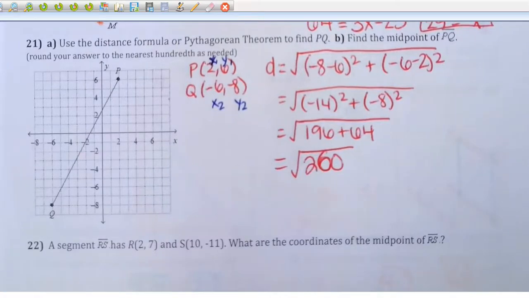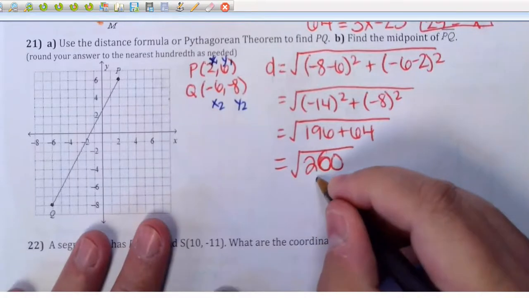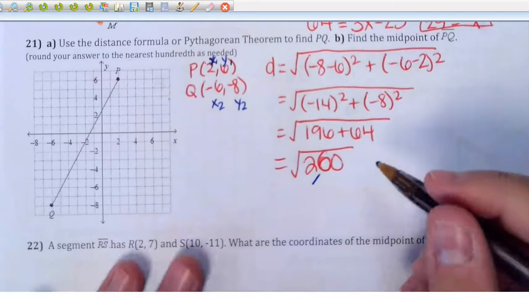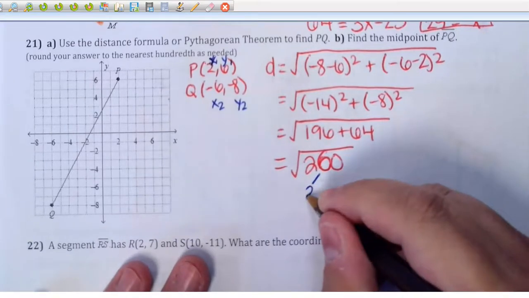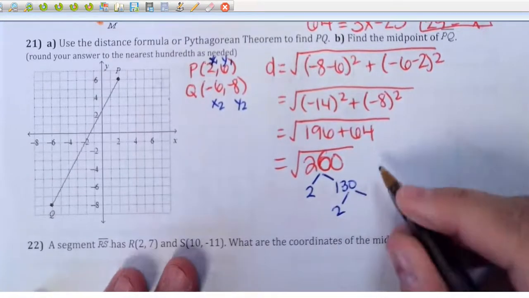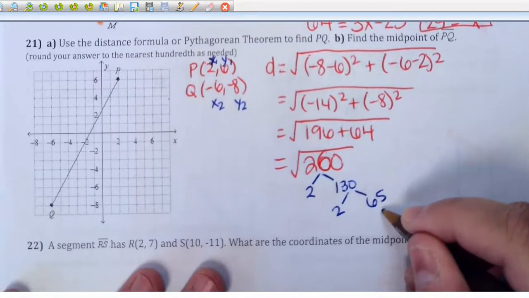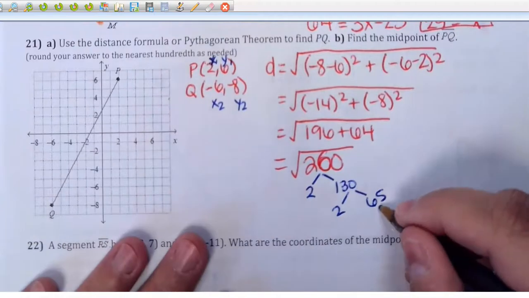I'm going to use a factor tree. Let's see. This would be 2 and 130. I'm just going to break it down by 2s, 2 and 65. And then 65 can break down, but I don't think we're going to have any more pairs.